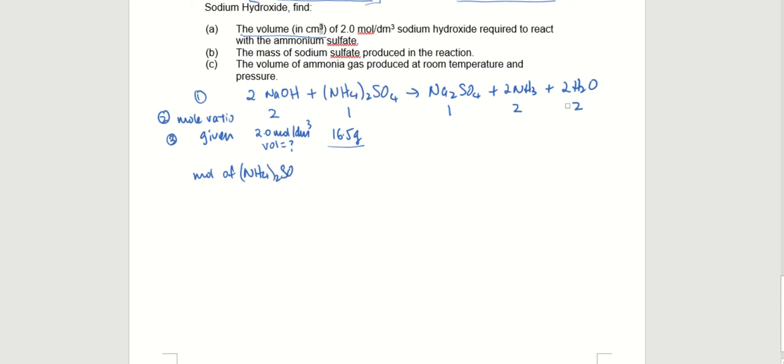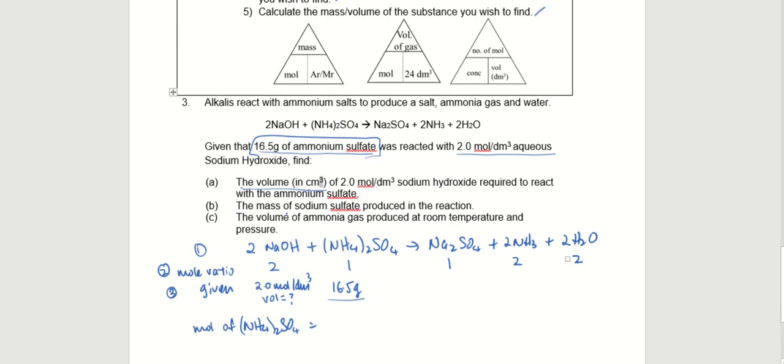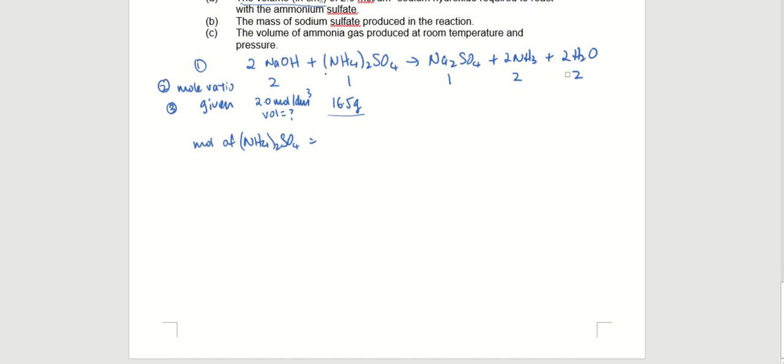Okay, and we will use the formula which is given here, which is mole is equal to mass divided by Mr from this little triangle. Okay, so we calculate mole is equal to mass over Mr. Mass given is 16.5. Mr of ammonium sulfate.